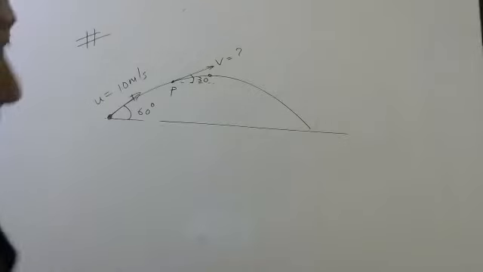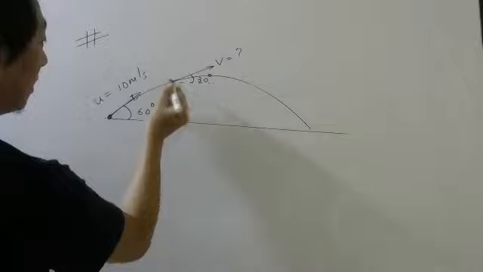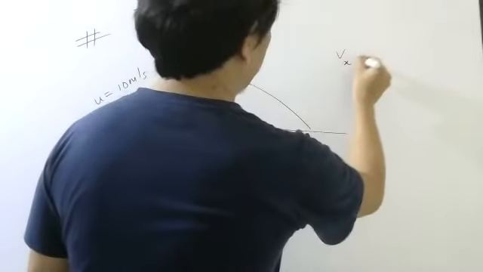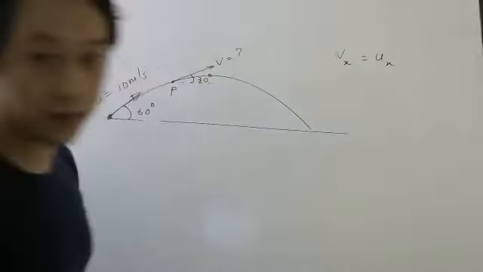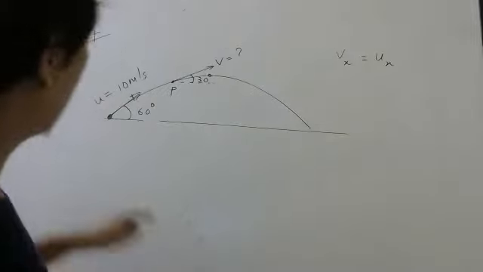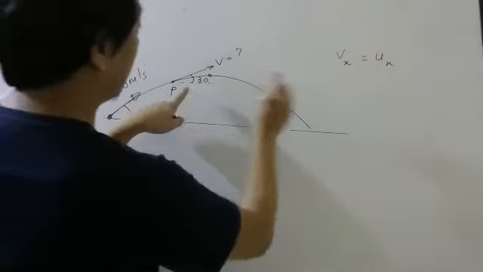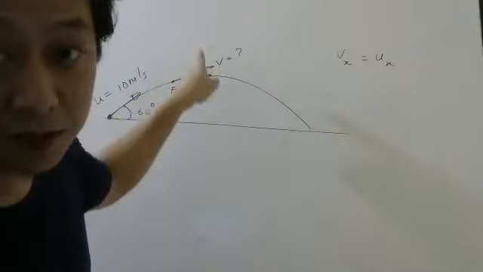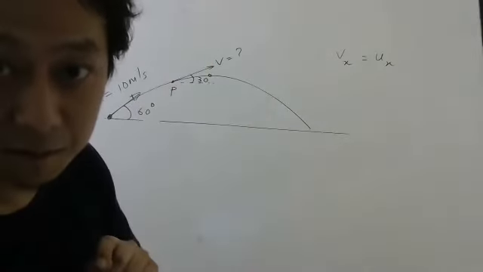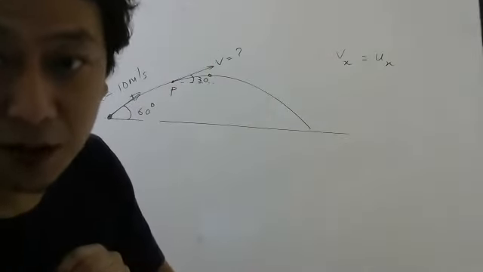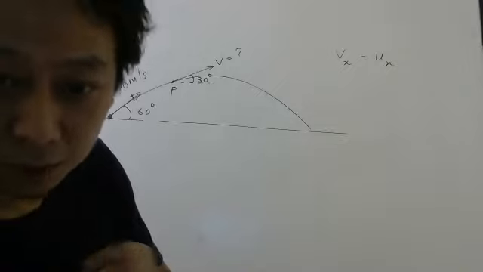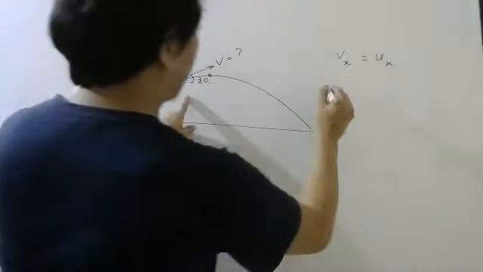So the concept is same, students. From here to here, Vx should be equal to Ux, because ax is 0. What will be your Vx now? Can I say now complete velocity is Vx? Now there is no Vy or what? No, we cannot say, right? So what will I write for Vx?